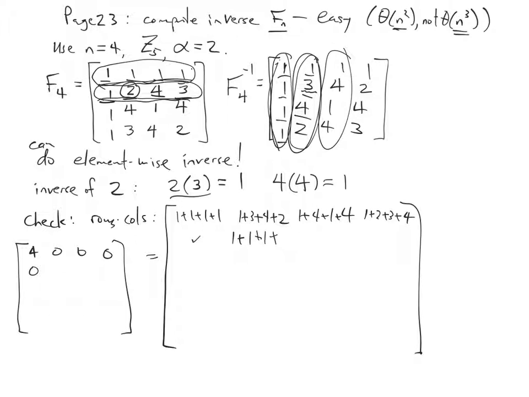And 3 times 2 is 6, which is also 1. So we end up with 4 again. You can continue in this same way, and you get zeros everywhere except on the diagonal. So this proves that it almost gives the right thing.